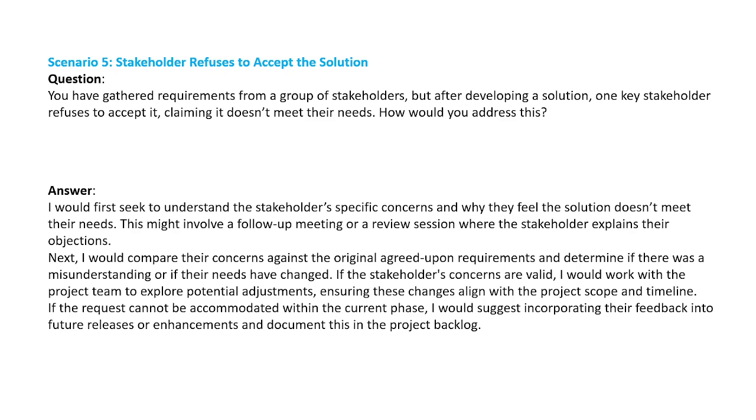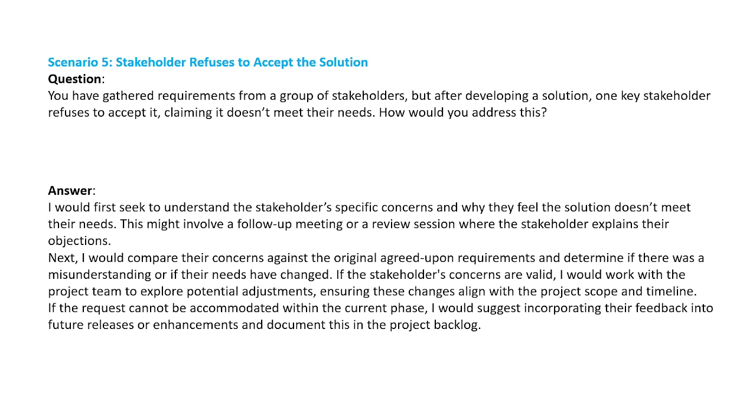I would first seek to understand the stakeholder's specific concern and why they feel that the solution does not meet their needs. This might involve follow-up meetings or review sessions where the stakeholder explains their objectives or objections. Next, I would compare their concern against the original agreed-upon requirements and determine if there was a misunderstanding or if their need has changed.